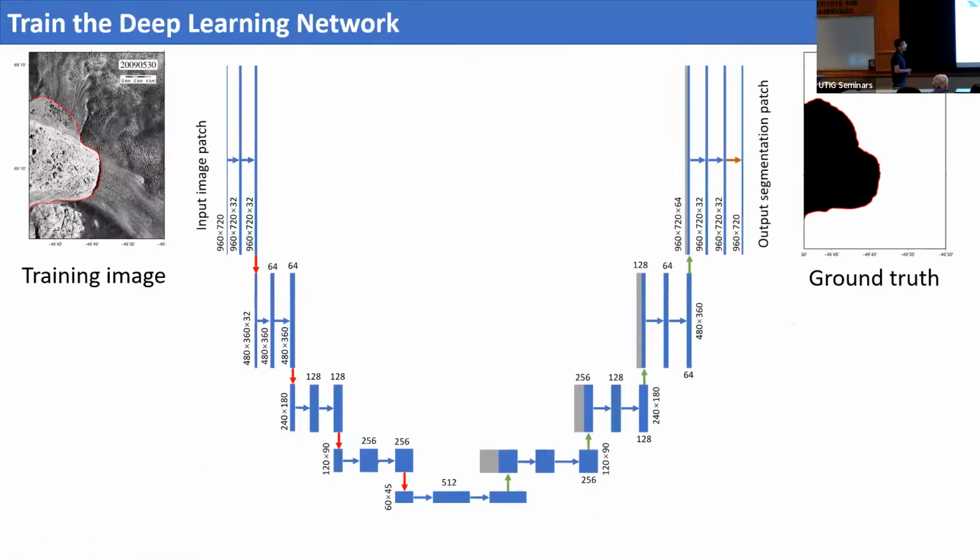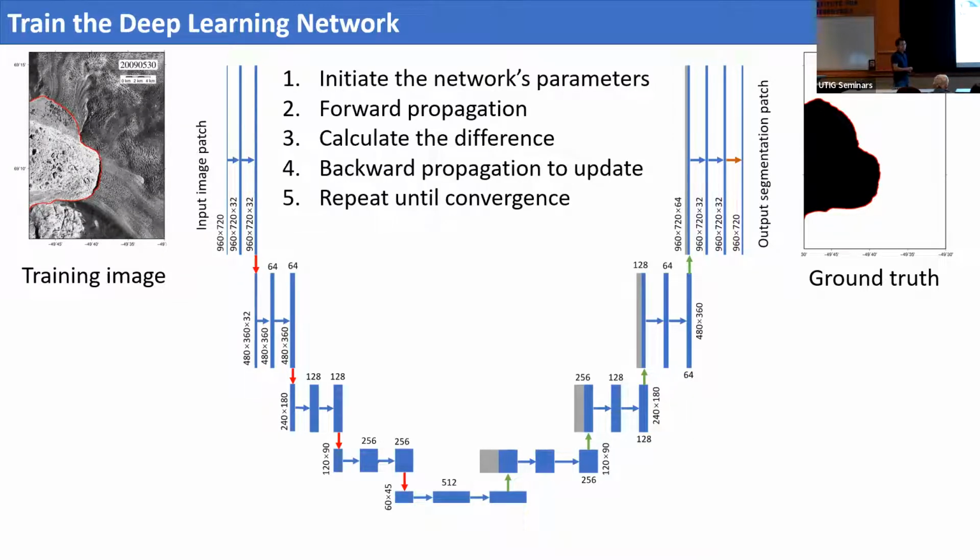After preparing the training dataset, we start to train the network. The network training is actually exactly the same as regression. The steps: first, we initialize the network parameters, like in regression, and do the forward propagation, inputting this training image through many convolutional layers. We output a binary image like this one, but not exactly the same. At first, it may be very different from this ground truth.